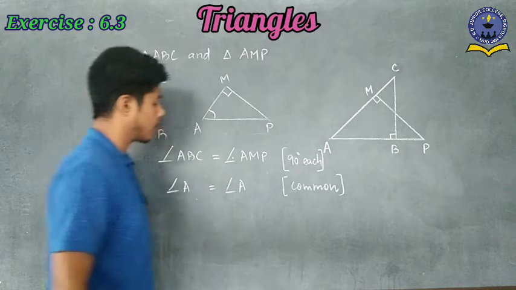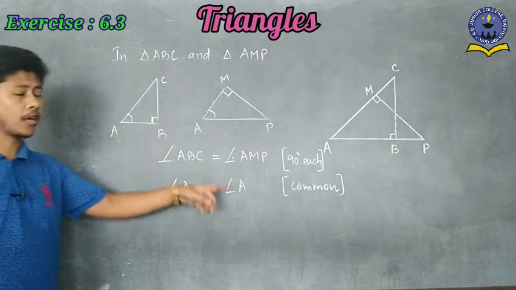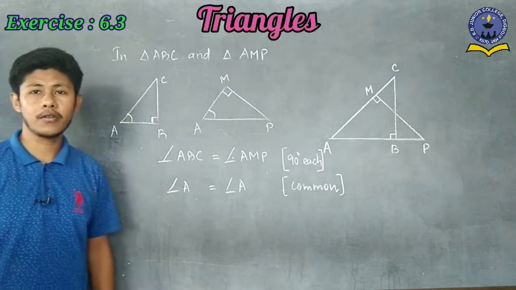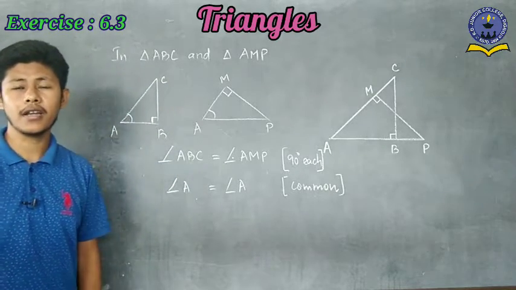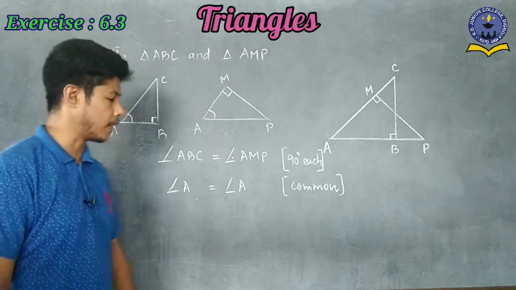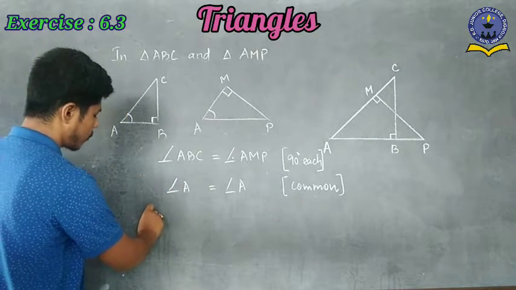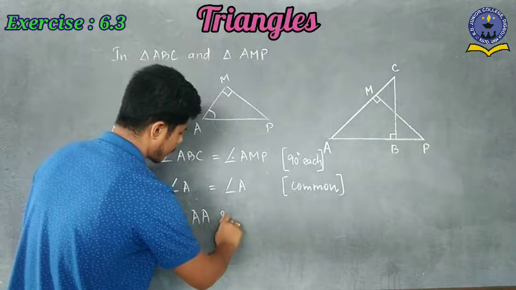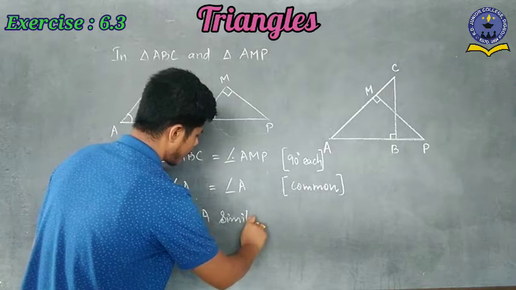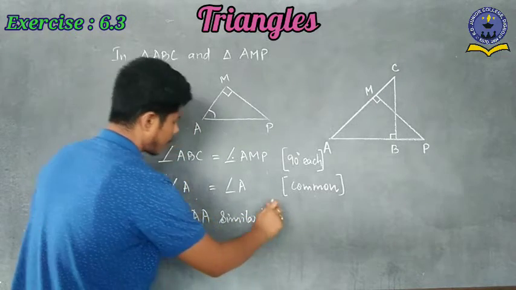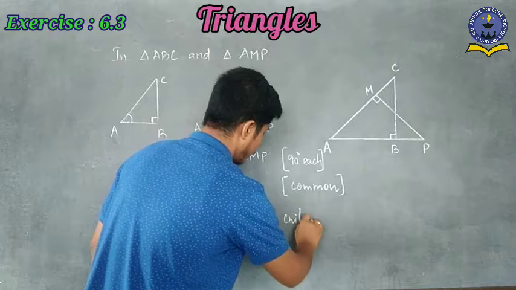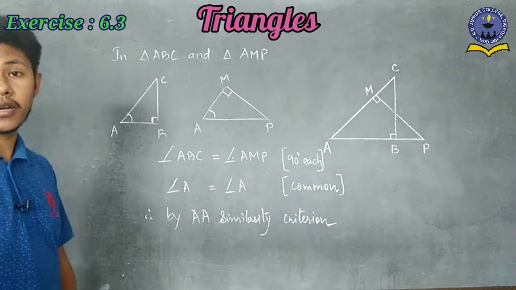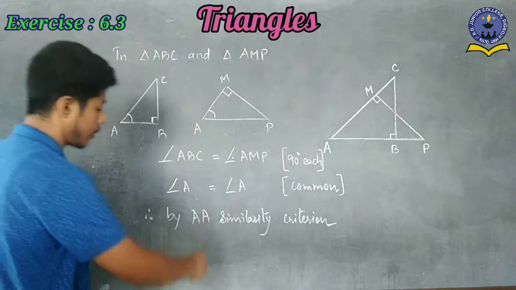Is it clear? One angle is common, another one is 90 degrees. If 2 angles are equal, then easily we can apply a criterion: the angle similarity criterion. So finally the conclusion we write: therefore, by angle similarity criterion, these 2 triangles are similar.